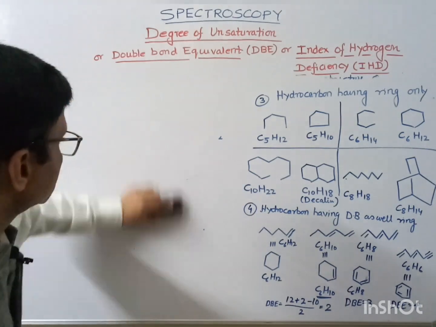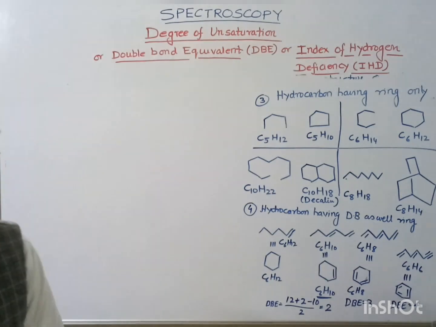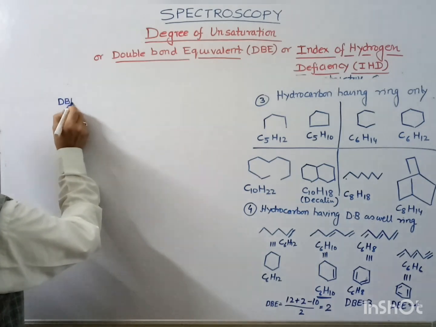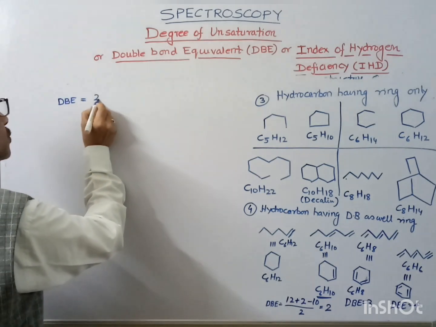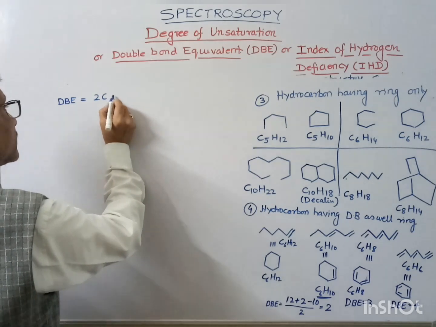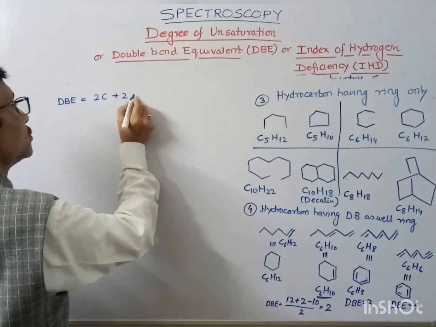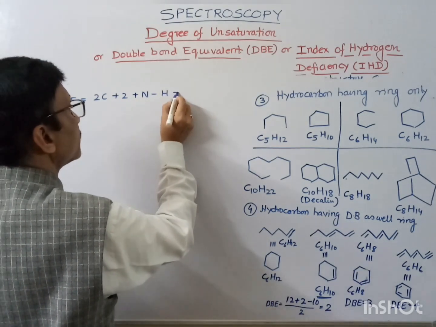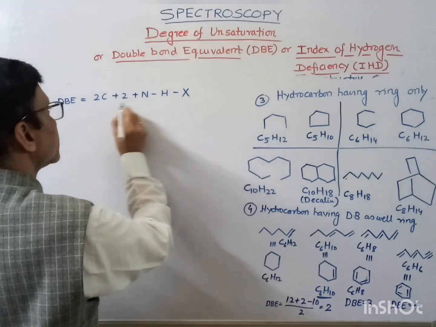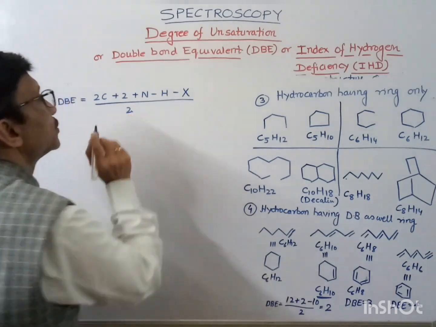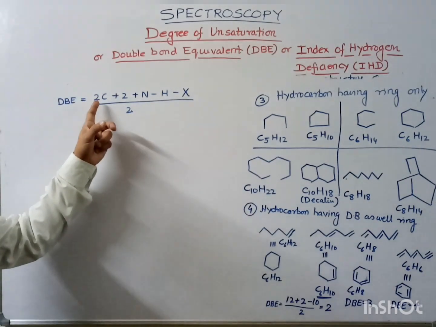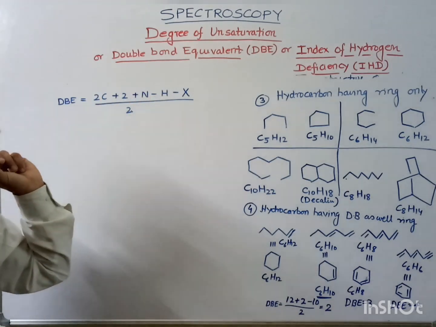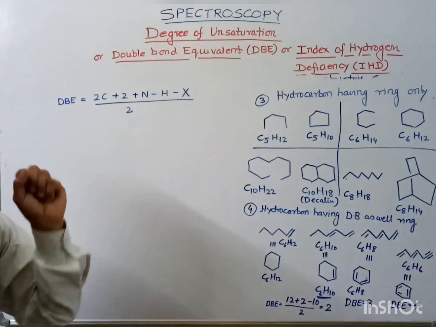The DBE is equal to (2 times the number of carbon atoms plus 2 plus the number of nitrogen atoms minus the number of hydrogen atoms minus the number of halogen atoms) divided by 2. We have seen about carbon and hydrogen in the formula. What about the halogen?